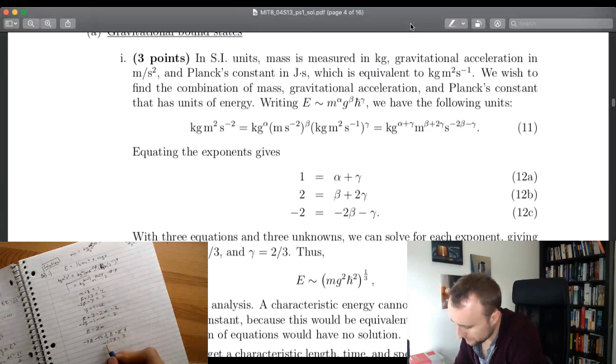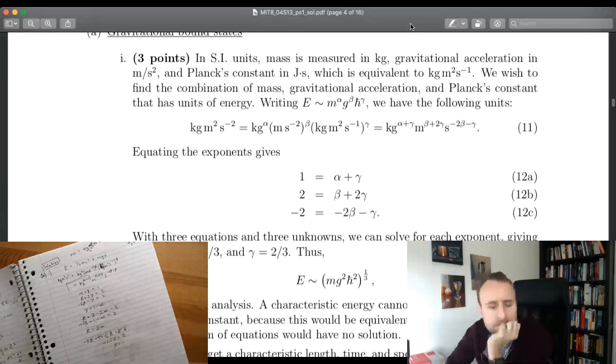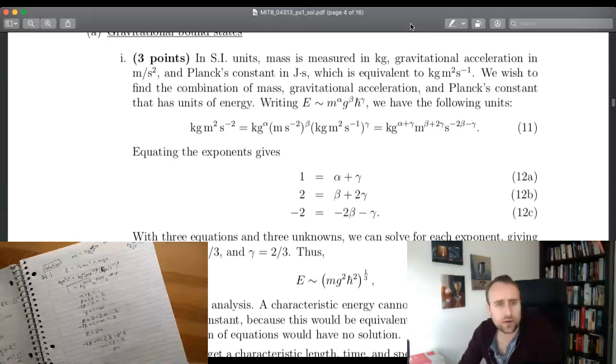So divide by this, beta equal to, I'm screwing something up here, 1/3. I got these equations. Solve for each exponent. 1/3, 1/3, 1/3, 1/3, 2/3, 2/3. Did I write this down wrong?